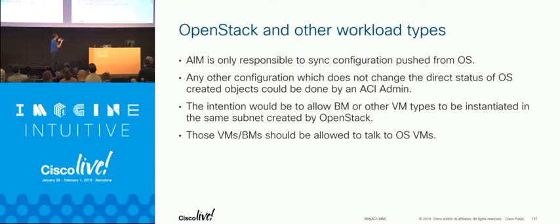OpenStack is another VMM integration that you can have. So if you want to have OpenStack workloads and other workloads, how do you combine these two? How do you make possible the routing across virtual machines belonging to different kinds of virtualization worlds, or even bare metal and maybe non-virtualized VMs?